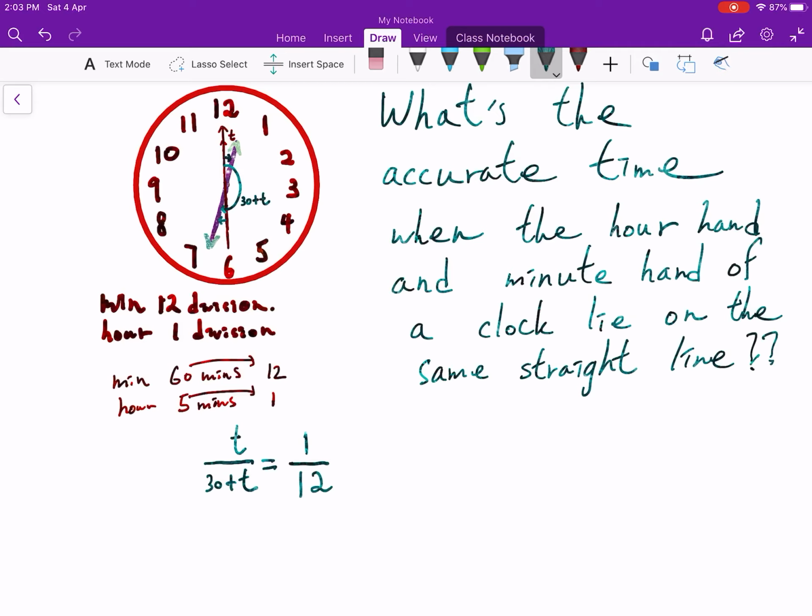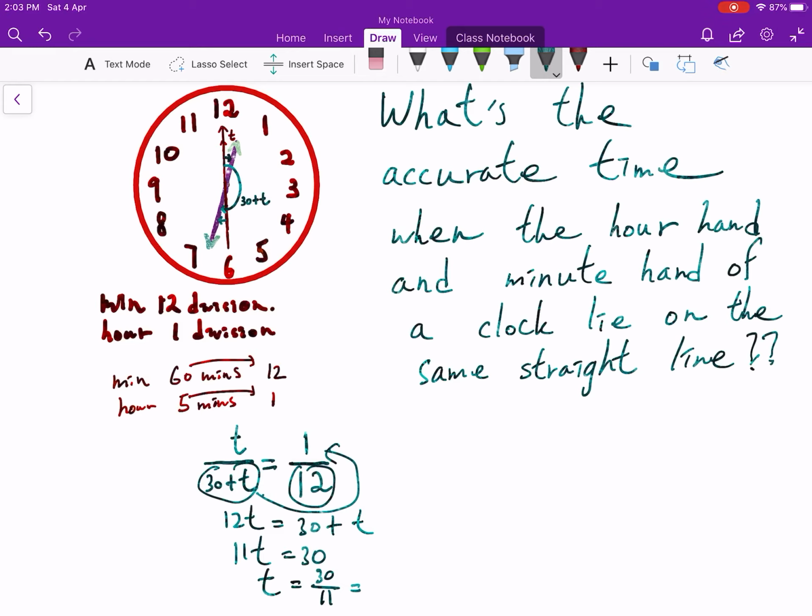So what we have to do is to solve this equation. Throw the 12 to this side, it becomes 12T. This one goes to the right-hand side times the 1, becoming 30 plus T. When you move the T back here, it's 11T equals 30. When you calculate this, T is 30 divided by 11 minutes.